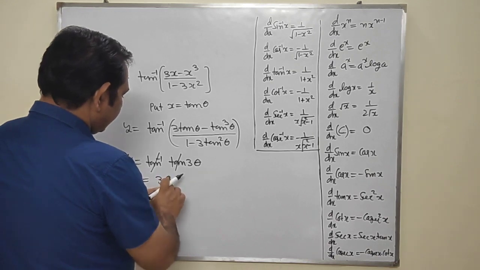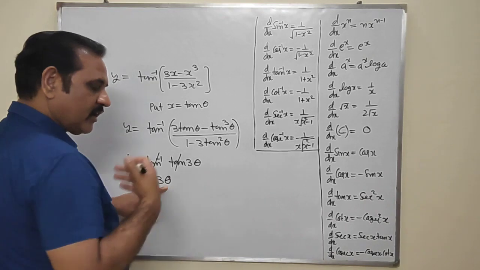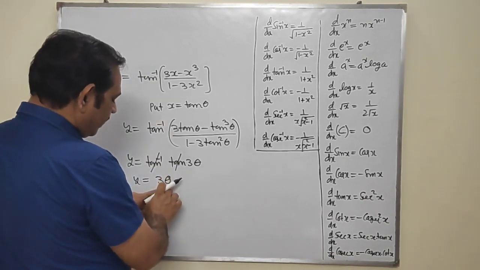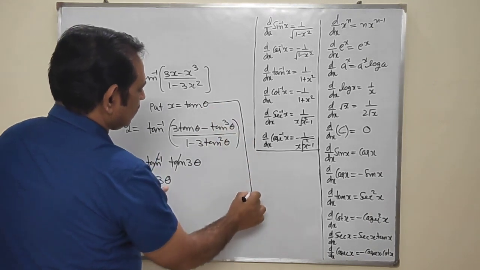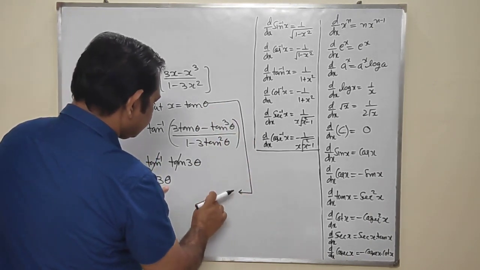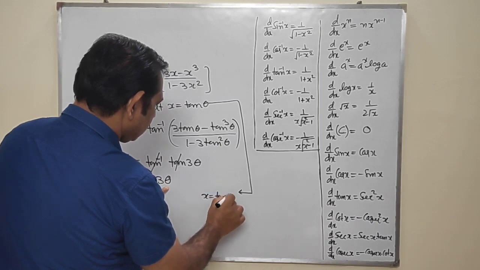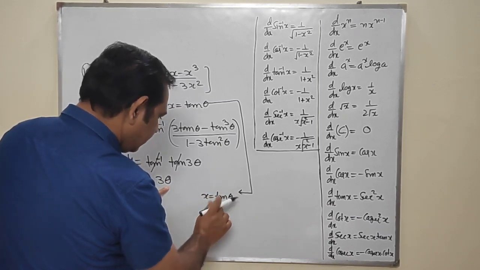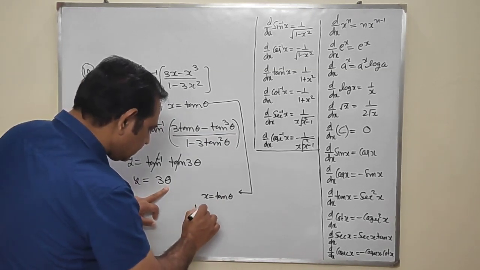Now theta, because we have taken theta as one of the variable terms from our side, first of all we will remove theta. So find the value of theta from here. X is equal to tan theta we have taken. Now what will theta become? The tan will go to the other side, tan inverse x.